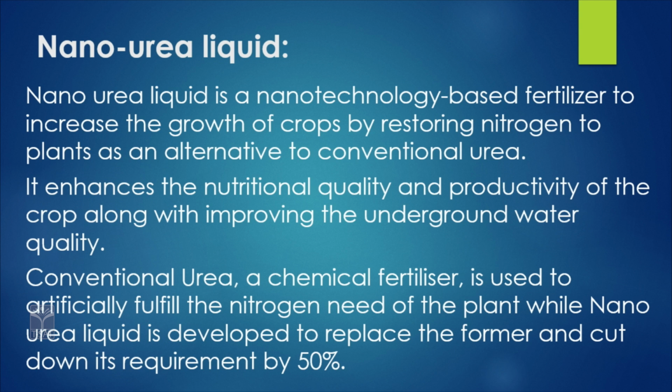And a very important thing here is that the extra urea will be stored in the plant. It will not be wasted, it will be stored in the plant. It enhances the nutritional quality and productivity of the crop along with improving the underground water quality. So, this is one more important significance of the usage of nano urea liquid here.